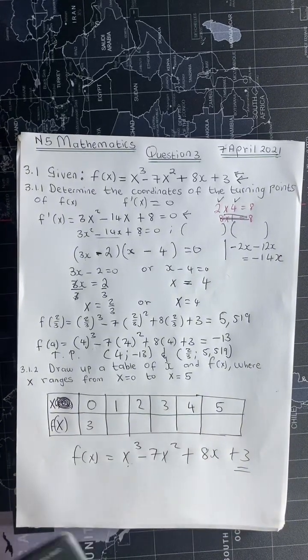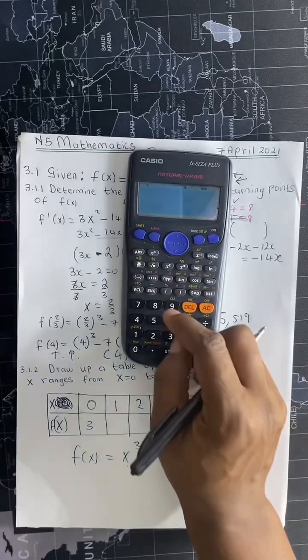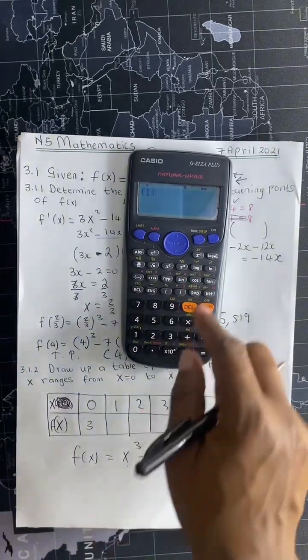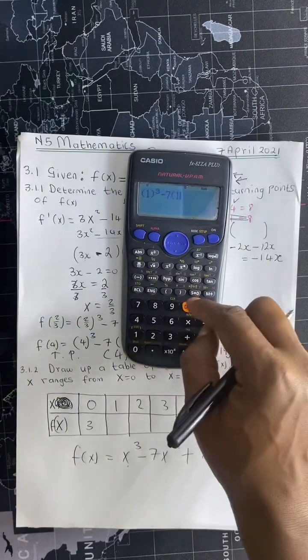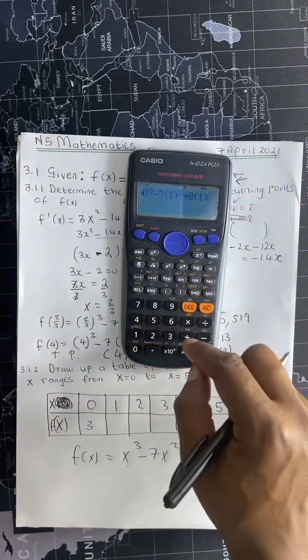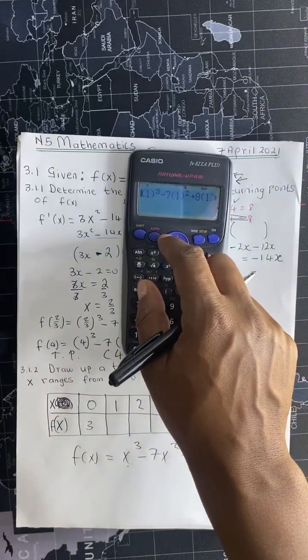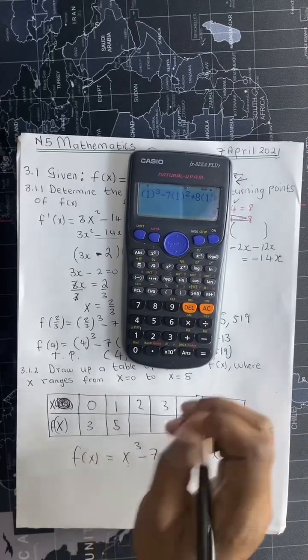And we substitute 1 where there is x. This will be equal to 5.